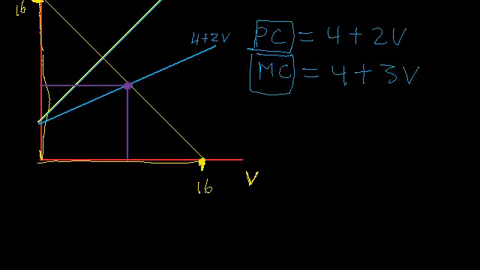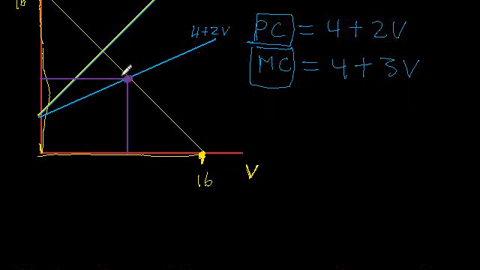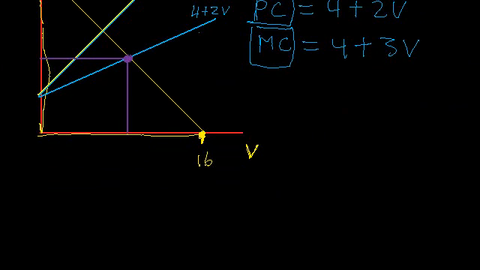So to continue on here, what we're doing is finding the equilibrium level of traffic volume, and what we need to do is just start with our equation for demand for travel, which was V equals 16 minus P, and we'll substitute into this P the private cost of travel.